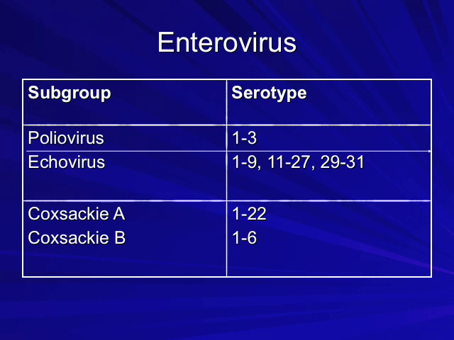Just remember the family of enterovirus: polio 1 to 3, echovirus, Coxsackie A and B. And remember that Coxsackie also causes hand, foot and mouth disease, pleurodynia or devil's grip, very severe pleuritic pain, and may cause myocarditis too.